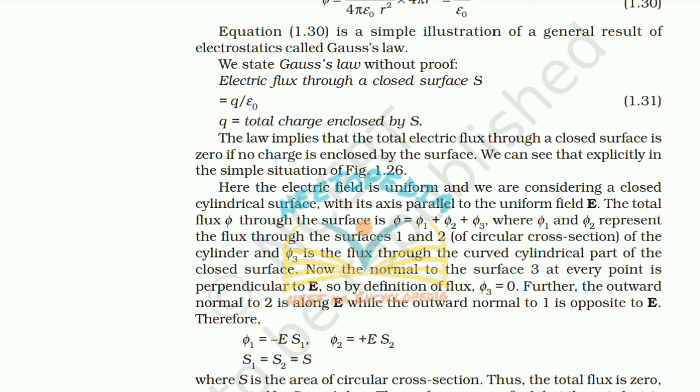We can see that explicitly in the simple situation in the figure. Here the electric field is uniform and we are considering a closed cylindrical surface with its axis parallel to the uniform field E. The total flux φ through the surface is φ = φ1 + φ2 + φ3, where φ1 and φ2 represent the flux through the surfaces A1 and A2 of the circular cross section of the cylinder, and φ3 is the flux through the curved cylindrical part of the closed surface.